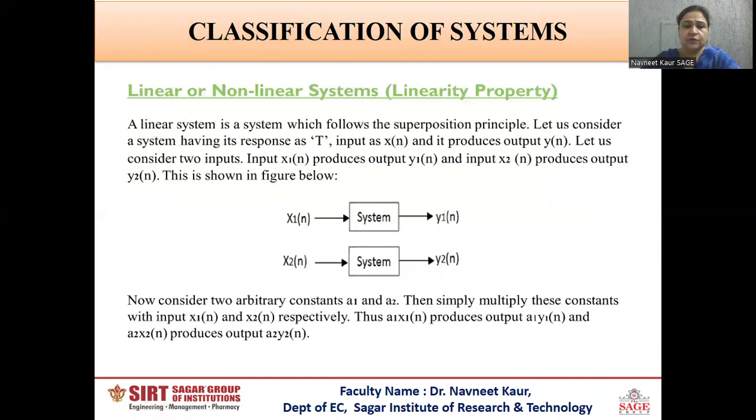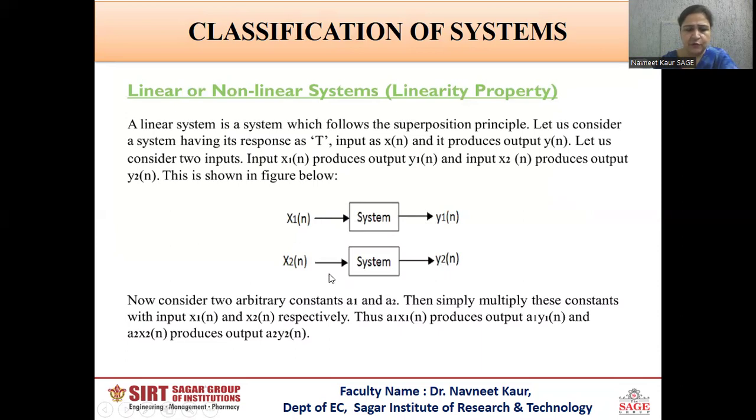Now, coming to the next type of system, linear and non-linear systems. A linear system is a system which follows the superposition principle. Let us consider a system in which the transformation operation is denoted as T. Input is x[n] and output is y[n].